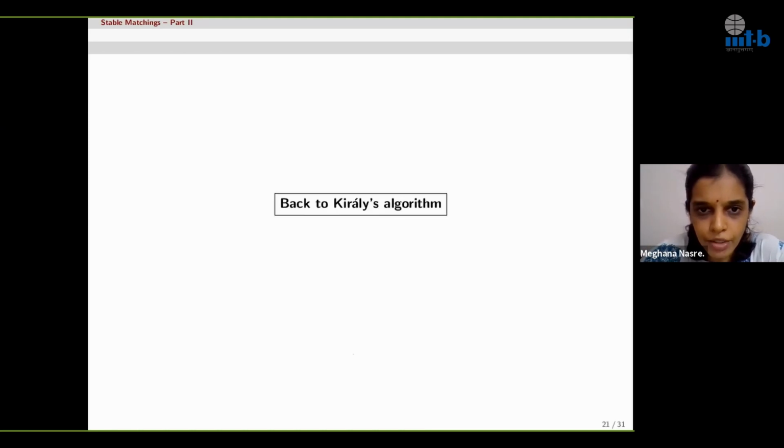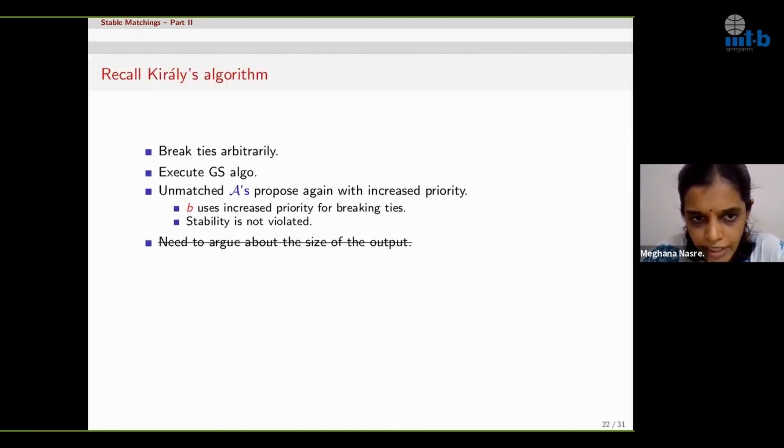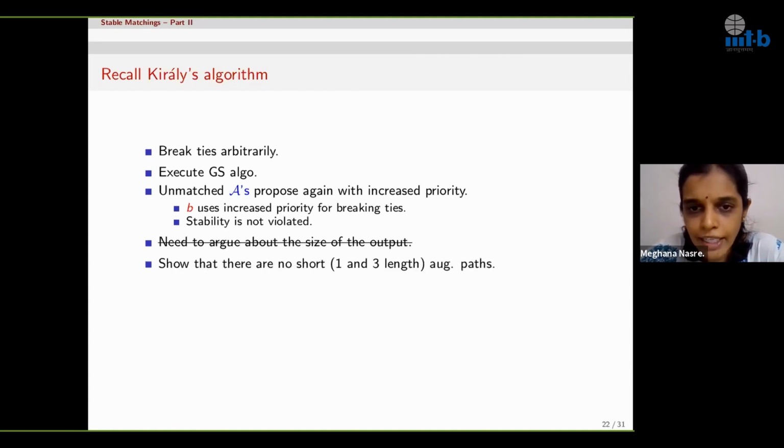Back to Kiraya's algorithm that we have already recalled, we now need to argue about the size of the output. What we have now understood is there's no need to do too much work. We just want to say that the matching does not have short augmenting paths. Since stable matchings are maximal, it cannot have a one length augmenting path.